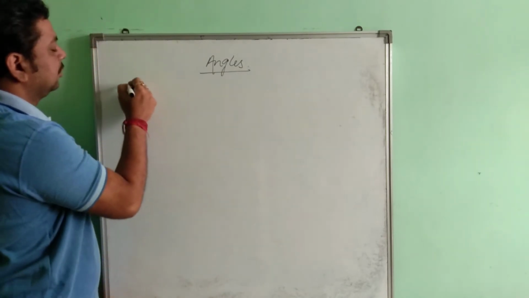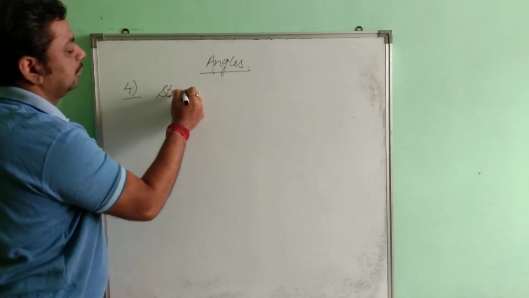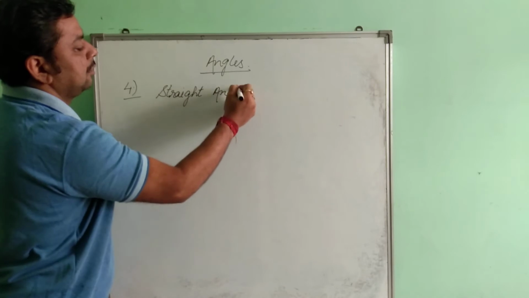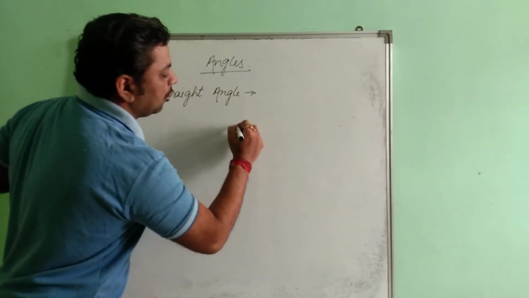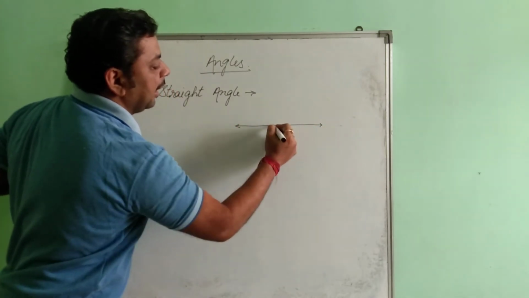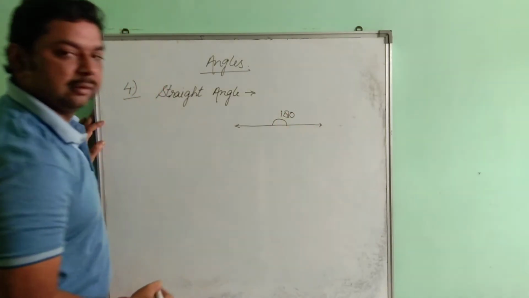Then comes the fourth one, your straight angle. Your straight angle will always be a straight line, clear? And this angle will be equal to 180 degrees.